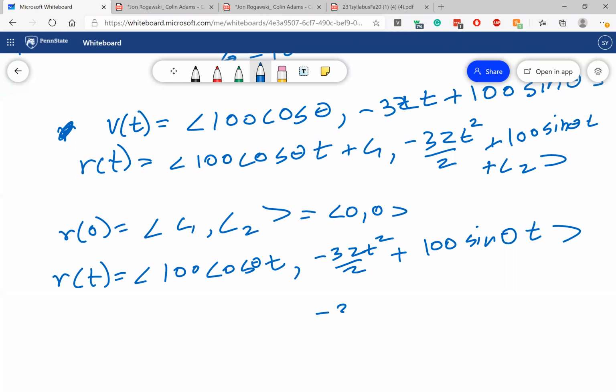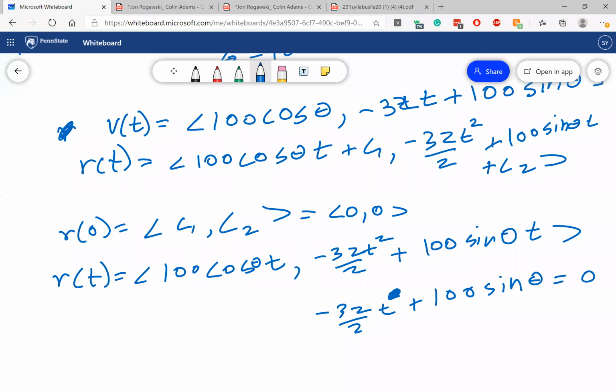So negative 32 over 2 t squared. I can take out a t from here, and assume that t is not 0, plus 100 sine of this angle is going to be equal to 0.